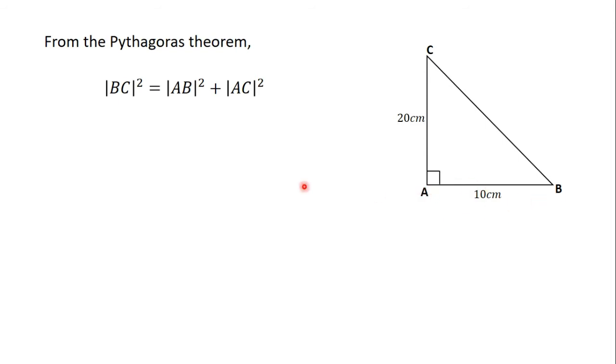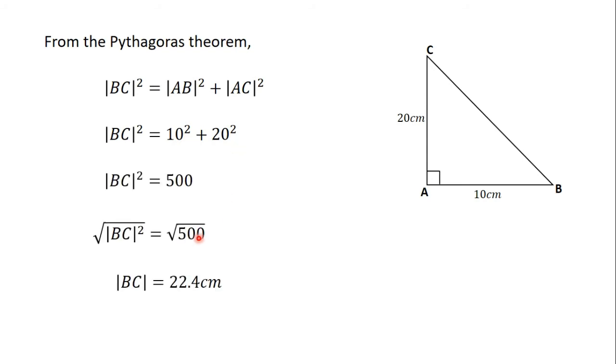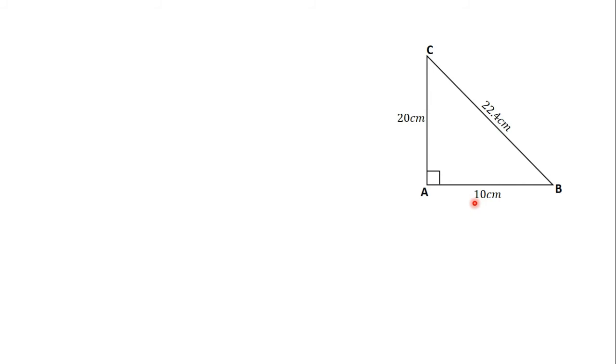So AB squared plus AC squared. So BC squared is equal to 10 squared plus 20 squared. If you simplify this, you see that the length BC will give us 22.4 centimeters. So the length BC here is 22.4 centimeters.